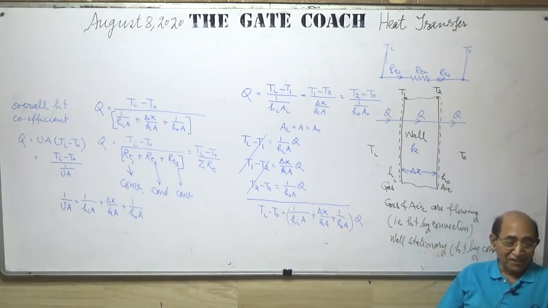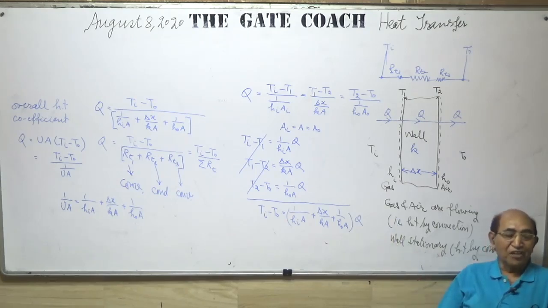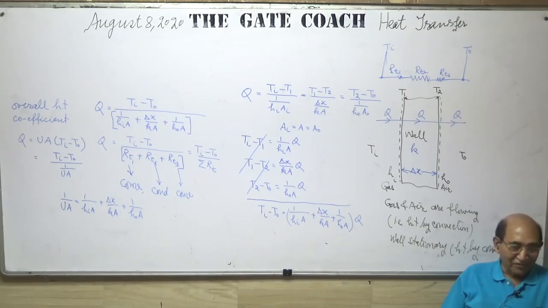When T2 is correct, that means T1 is also correct. So we'll see with the help of the questions what is the data available, what you are expected to do, and how to make use of these relationships, and how to remember these relationships. Because you will be able to solve the problem if you remember it. If you cannot write the equation, you cannot solve the problem.